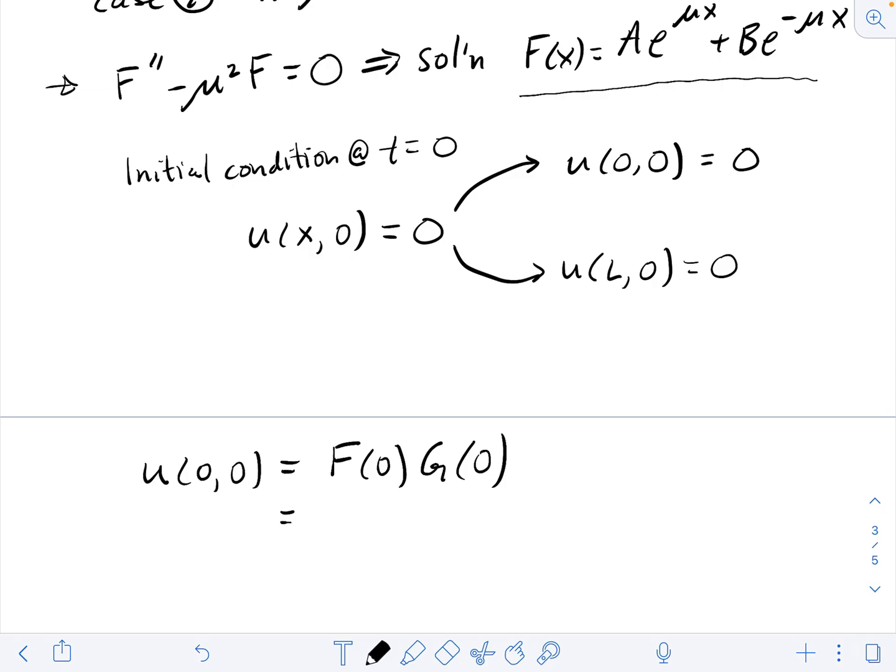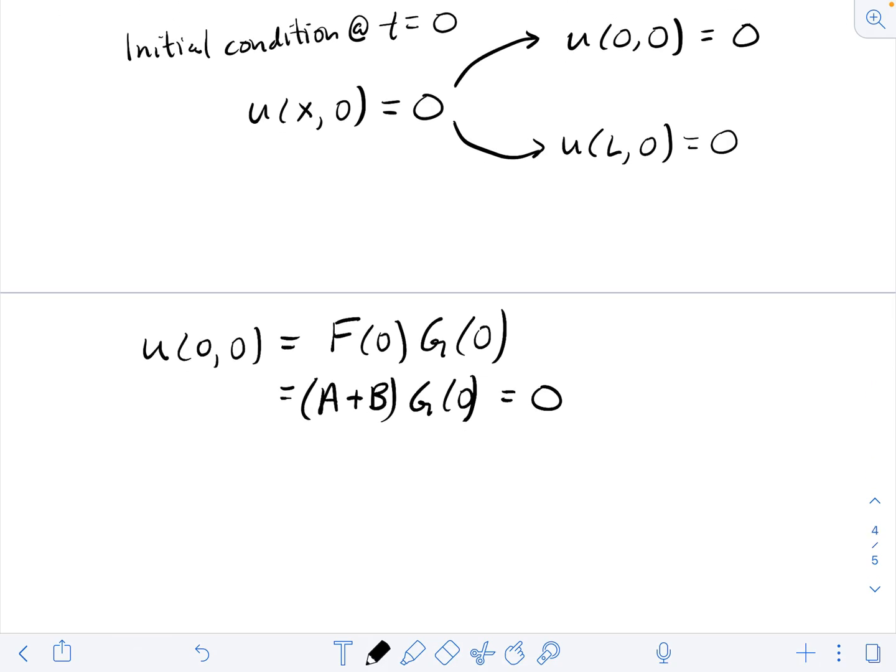And so when we put in x equals 0 for our f solution, we get e to the mu times 0, which is 1, and e to the minus mu times 0, which is 1. And so the f just becomes a plus b. And then we have g at t equals 0, and all of this has to be 0, right? Because that was our boundary condition.